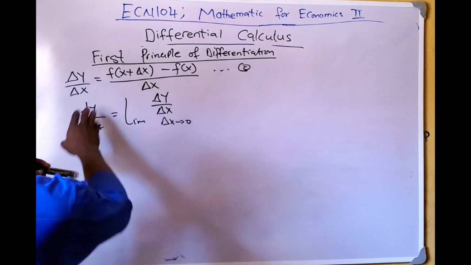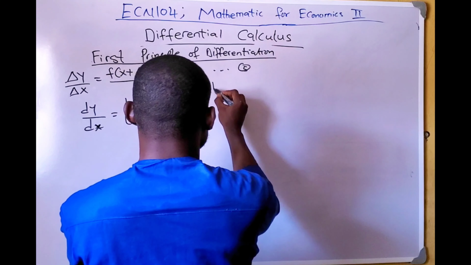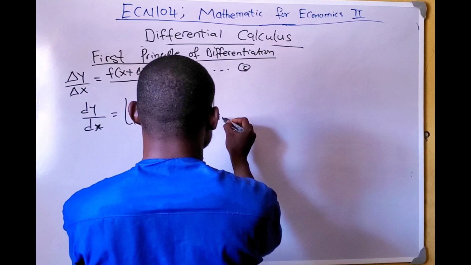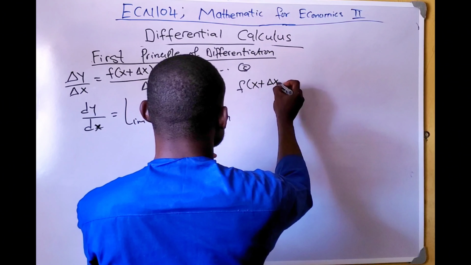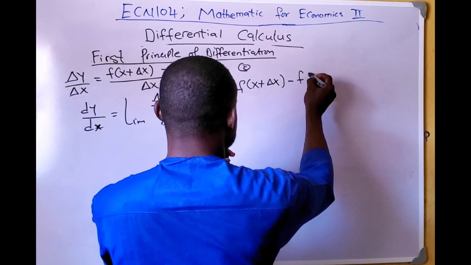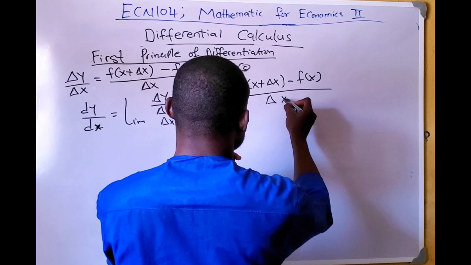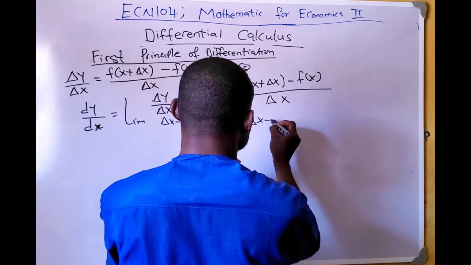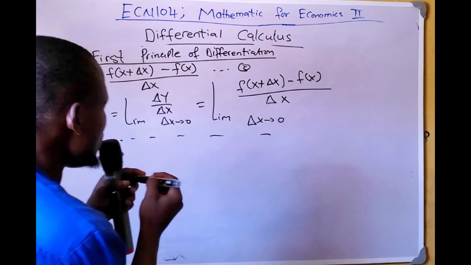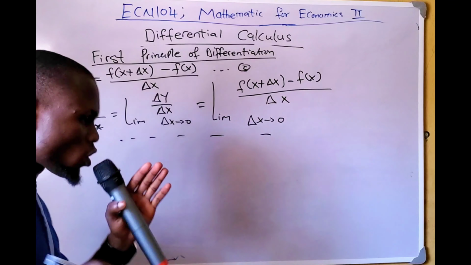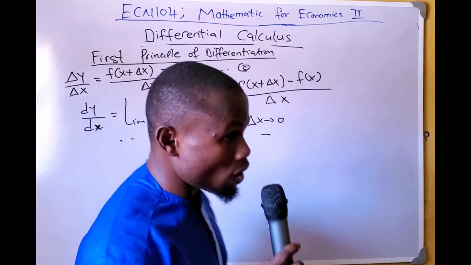So in this case, dy/ds equals the limit of f of x plus change in x minus f of x, over change in s, as change in s tends to 0. This is what the first principle is talking about.